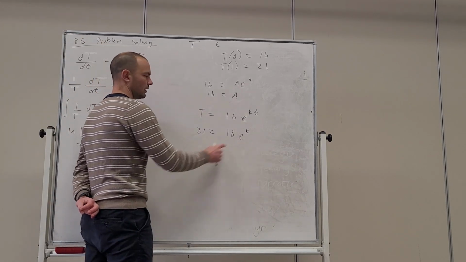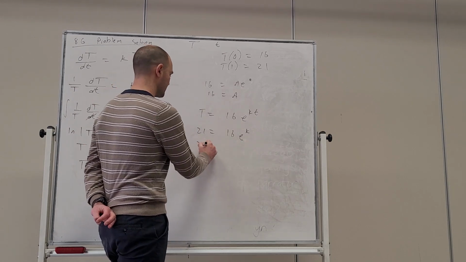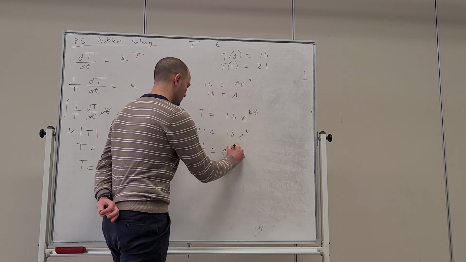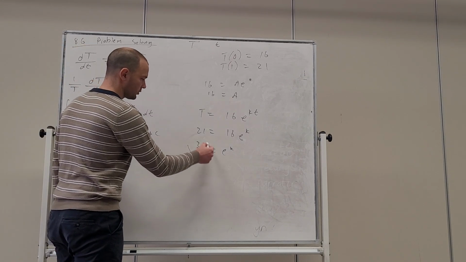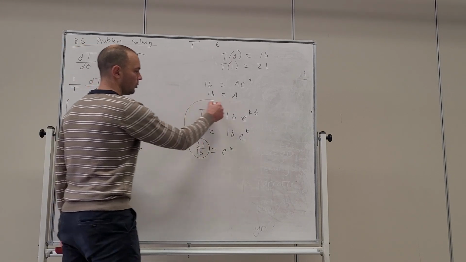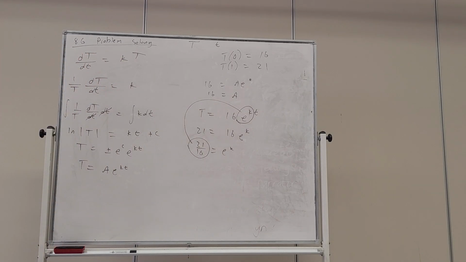Alright, so like a really simple way to do this is if we divide both sides by 16, we've solved for e to the k. So that means we can substitute 21 on 16 where this e to the k is.